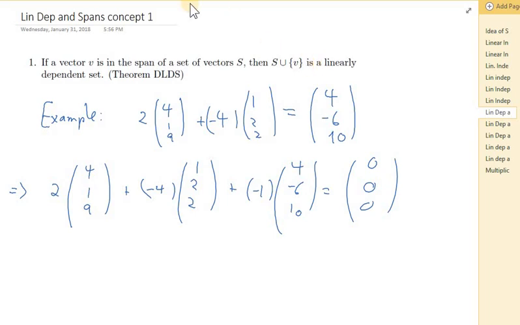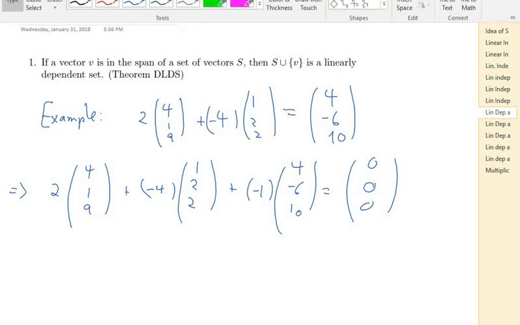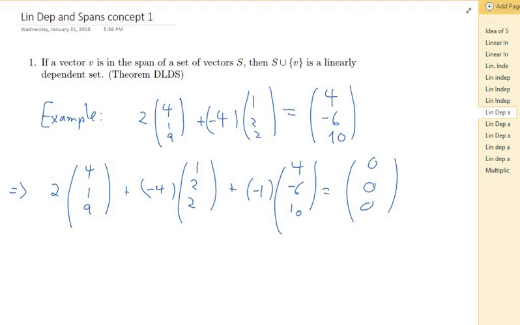So here's an example where my vector (4, -6, 10) is in the span of (4, 1, 9) and (1, 2, 2). Why? Because I have a linear combination of (4, 1, 9) and (1, 2, 2) that gives me (4, -6, 10).